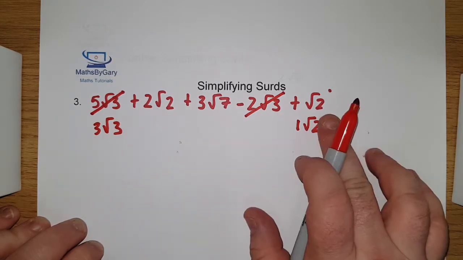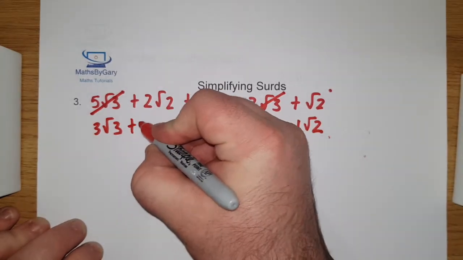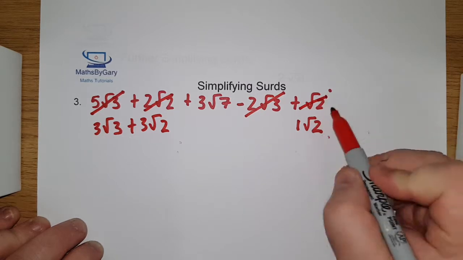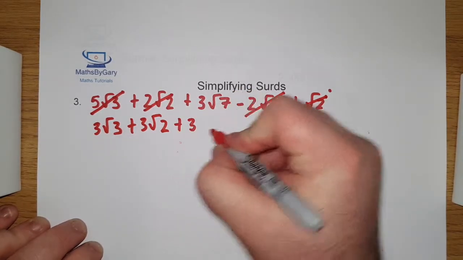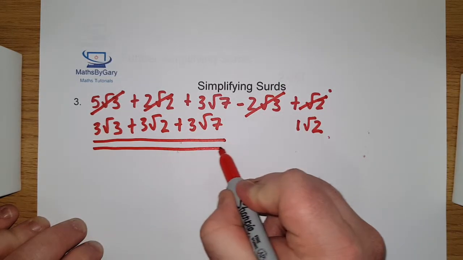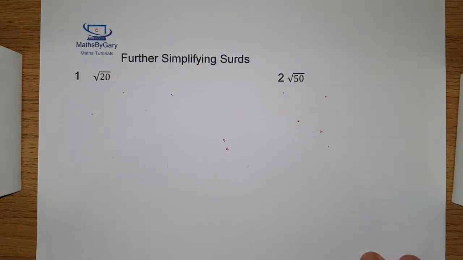Then root 2 and root 2. So 2 root 2 plus root 2 would give us 3 root 2. And again, score out so we know we've used that. And then we're simply left with 3 root 7. So we've simplified these surds down, and that's us.